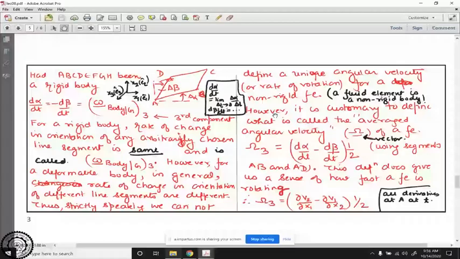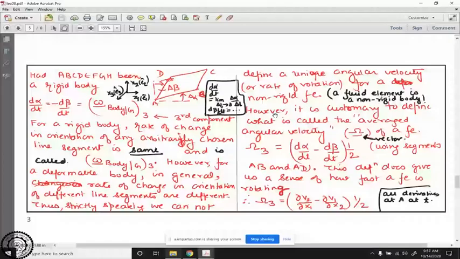it may sound very qualitative, but you have to think about it: when I take the difference, that is telling me that if I ignore the collapsing tendency, then at what rate sides AB and AD try to rotate in the same sense.